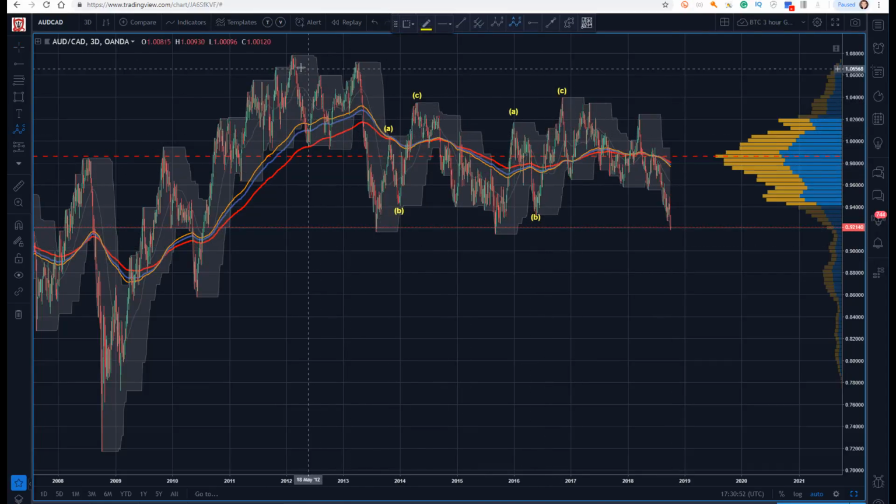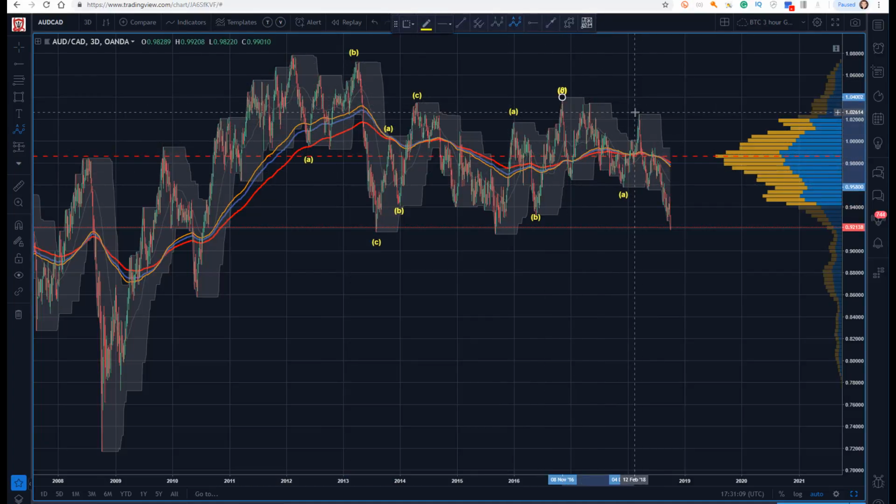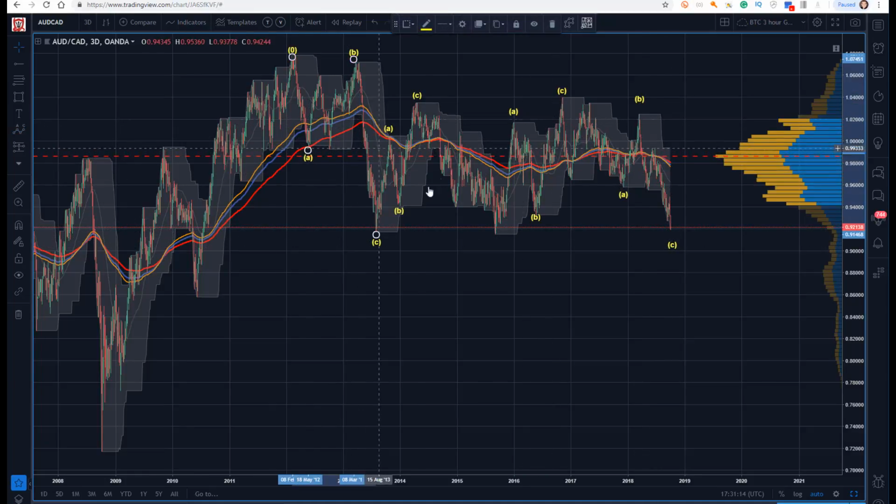You have this as well, so you can make a case for this being an ABC: an A, B, C, B, and then back down here for a C. You've got a lot of 3-wave structure. You could make the same case here that you had an ABC going in yet again. So there's a lack of any impulsive movement, just a lot of corrective 3 waves, right?